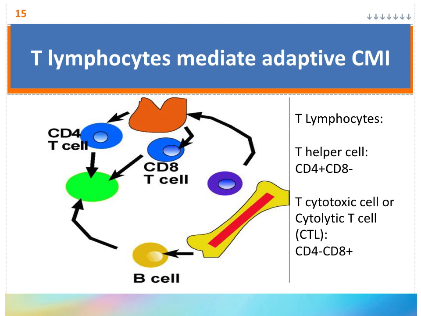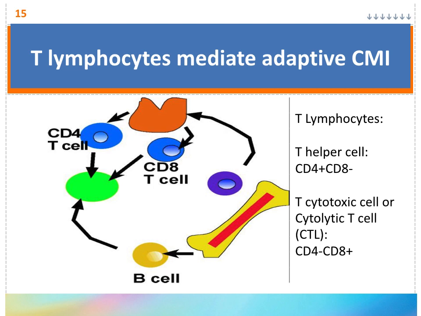Now, when they leave the thymus, they can either have CD4 or CD8. So we call them CD4 positive T cells or CD8 positive T cells. The T cell that is CD4 positive but CD8 negative is called the T helper cell, whereas the CD4 negative, CD8 positive T cell is called the cytotoxic T cell or cytolytic T cell.